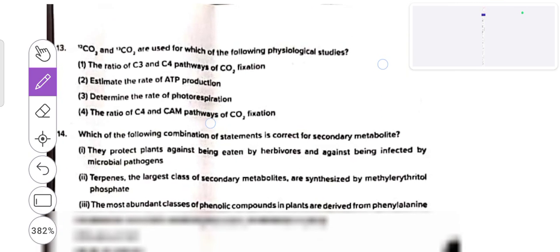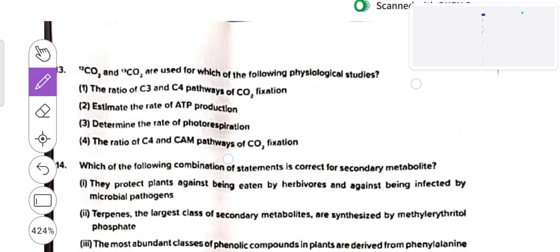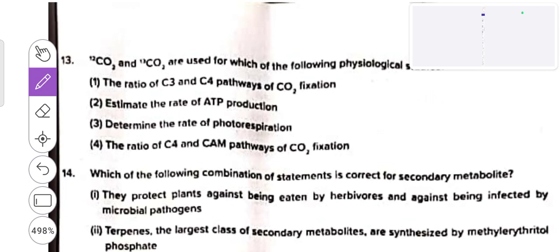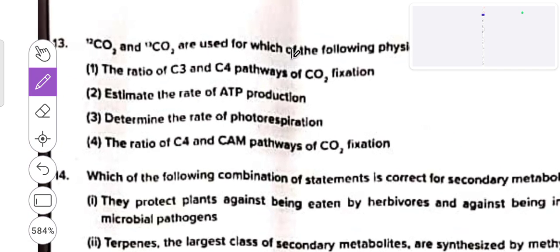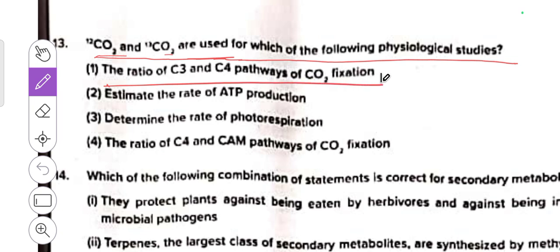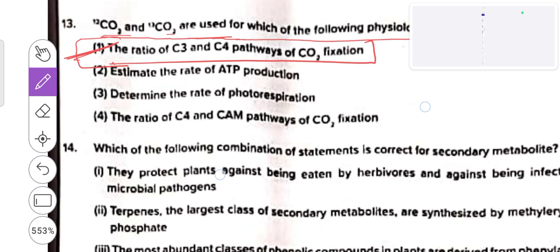So directly we'll begin with the 13th question. 13C, 12C, 13 CO2 are used for which of the following physiological studies? That is the ratio of C3 and C4 pathway of CO2 fixation. So 1 is the right answer for this question.